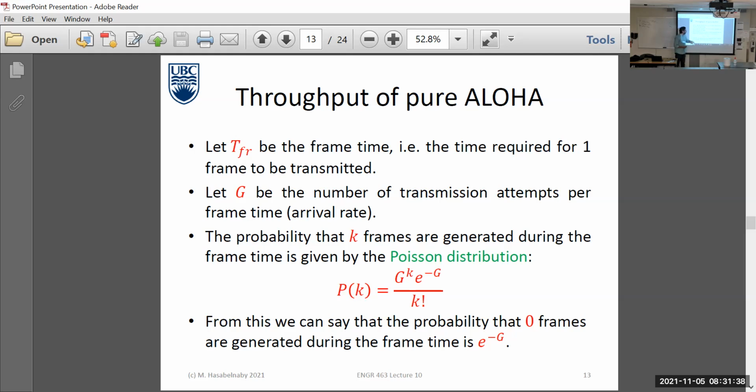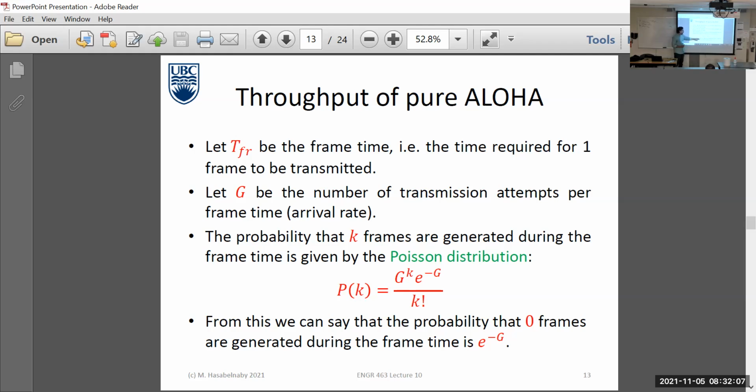From this formula, suppose that we have 0 frames generated. If we want to have a successful transmission, we need to have 0 frames generated during the frame transmission time.